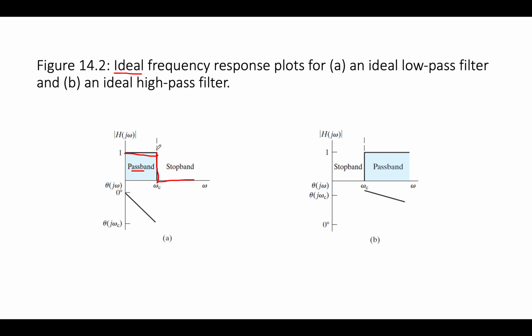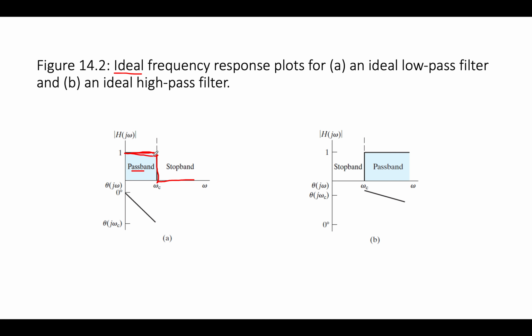So you pass everything to the left of this line, and you cut off everything to the right of this line. So the pass band and the stop band. Pass band frequencies go through, stop band frequencies are stopped. Notice that the magnitude in the pass band is 1, and notice it is flat throughout the entire pass band.